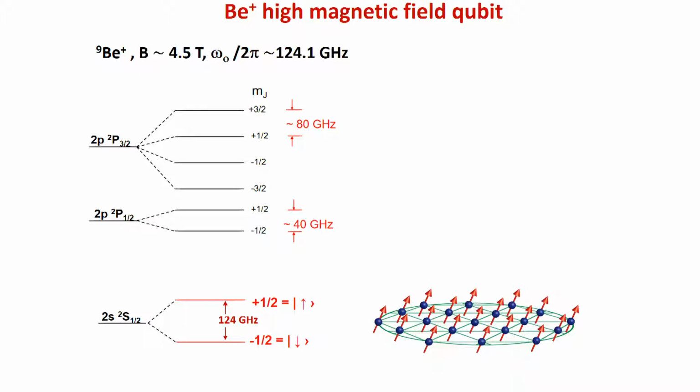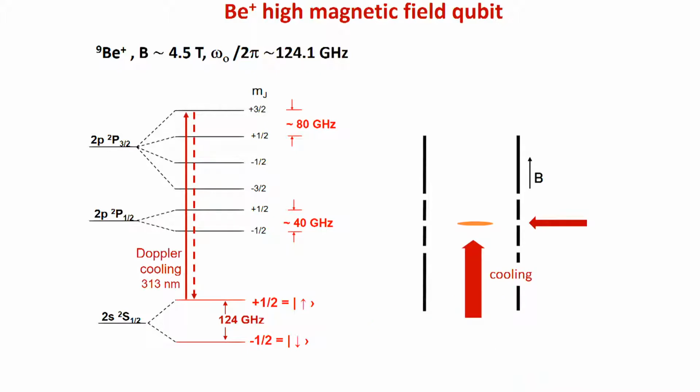For many of these penning trap experiments, our qubits are Zeeman qubits. In Michael Biercuk's experiment and ours, we're working with beryllium ions, and our qubit is the valence electron spin in the ground state of beryllium. In the 4.5 Tesla magnetic field, that's a spin flip frequency of 124 gigahertz.